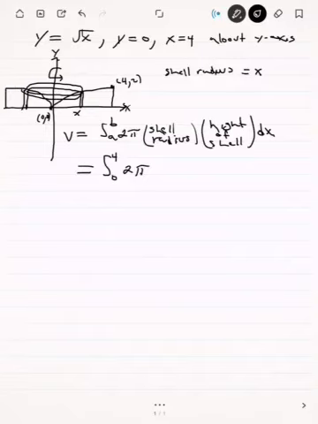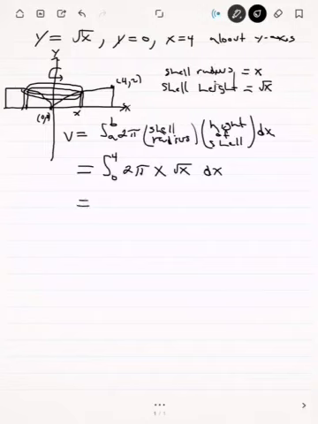And the shell height is just the square root of x minus the line y equals 0, so it's just going to be the square root of x. So the radius is x, and the height of the shell is the square root of x, and then you're just going to integrate that with respect to x.